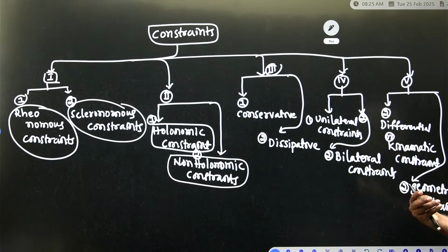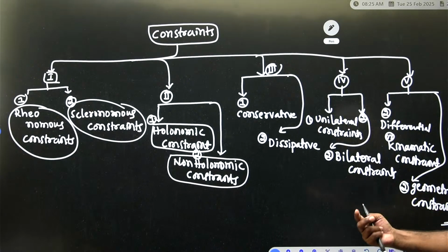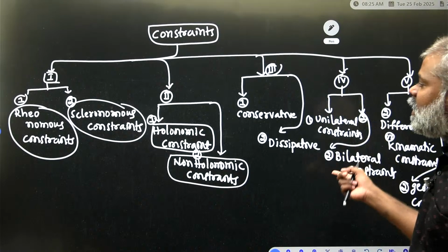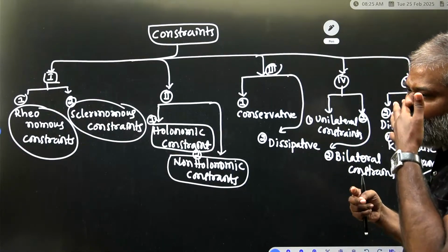So what is a constraint? A constraint is nothing but a limitation on the motion of the system. We call the limitation of the motion of the system a constraint. These constraints reduce the degree of freedom.